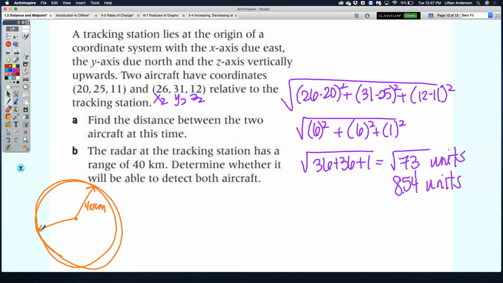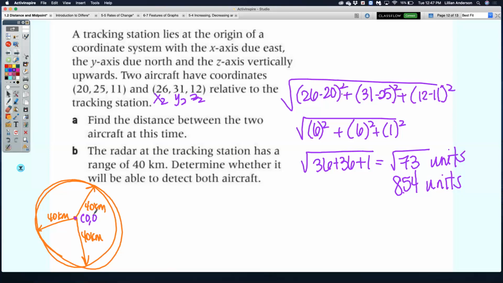This radar is tracking. What shape did I draw again? A circle. And these lines that I drew with the 40 kilometers, we call the what? The radius. So the tracking station is located smack dab in the middle. That's how the radar has its range.